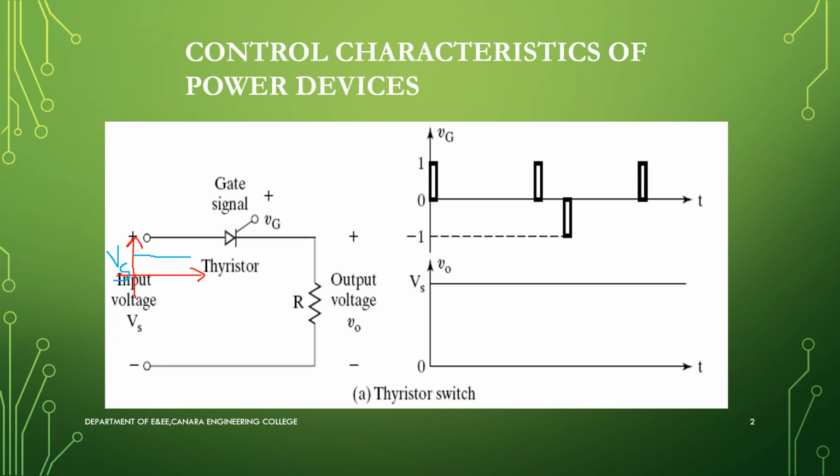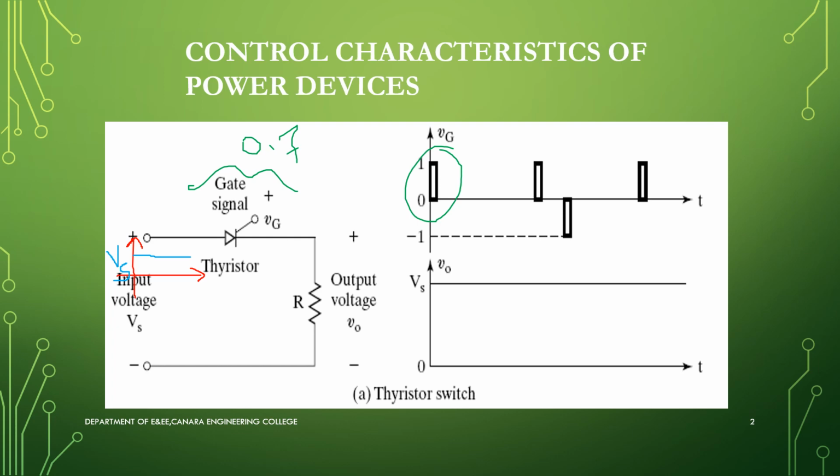On applying this positive signal to the gate, the thyristor will conduct. Once the thyristor conducts, the voltage drop across it is very small, say around 0.7 to 0.9 volts. For the time being, we neglect that drop, assuming an ideal switch.